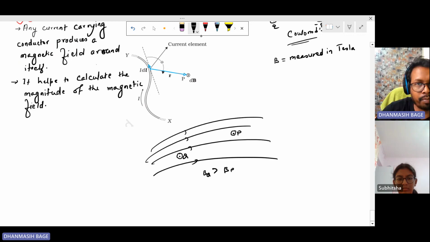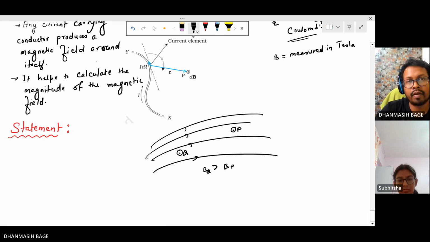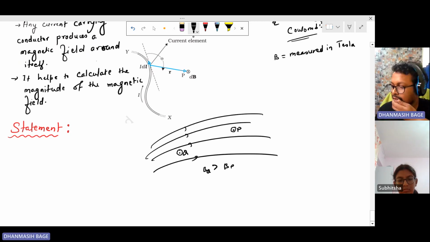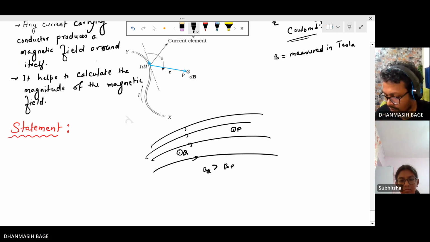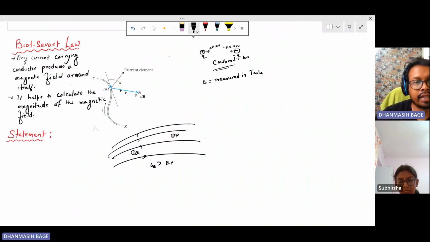Okay, let us say the proper statement. In the NCERT book, it is directly given, but we will not be using that much.